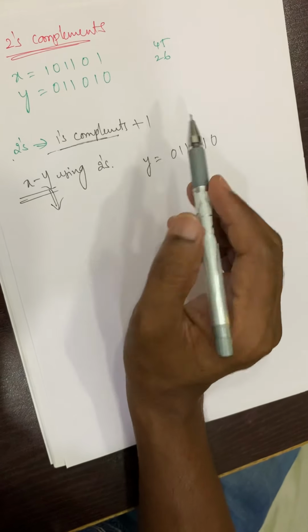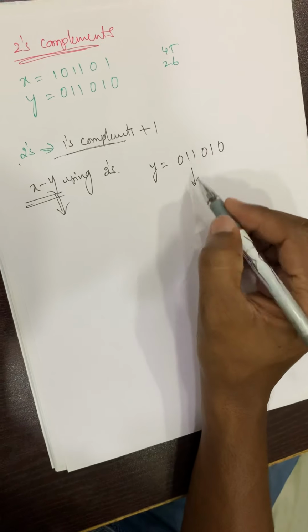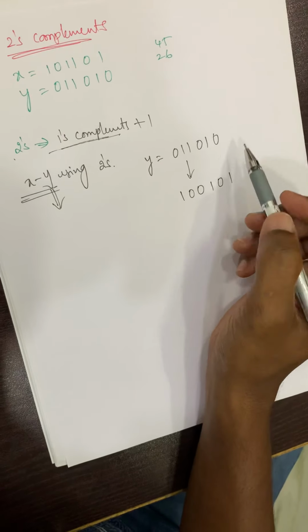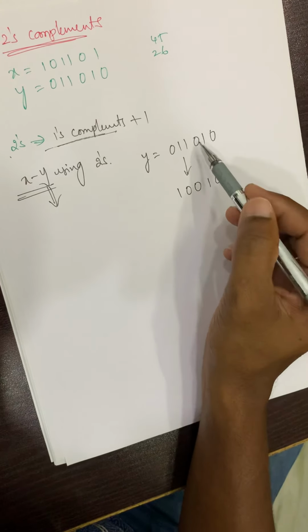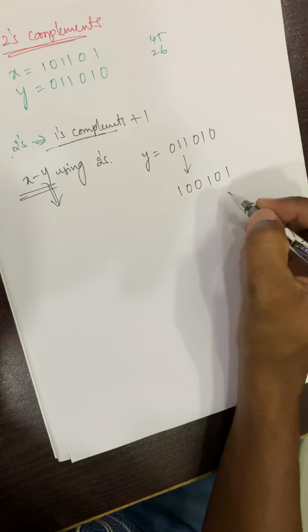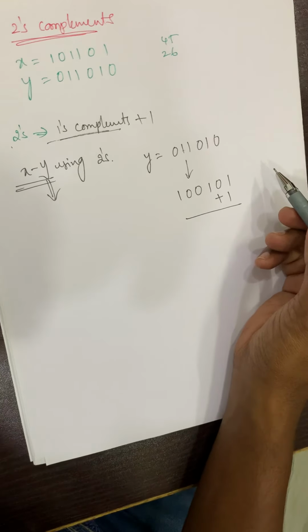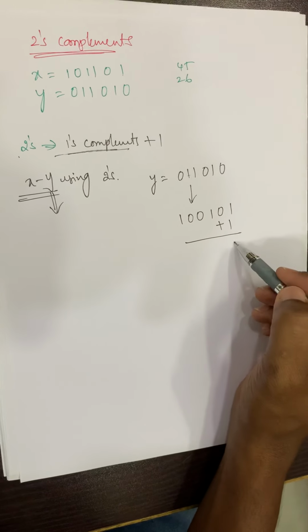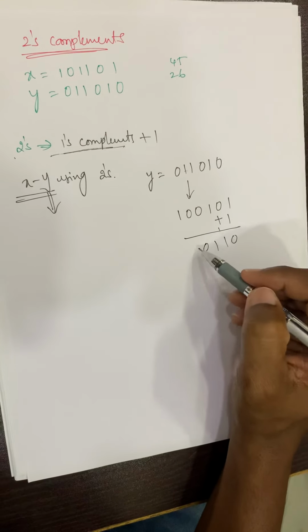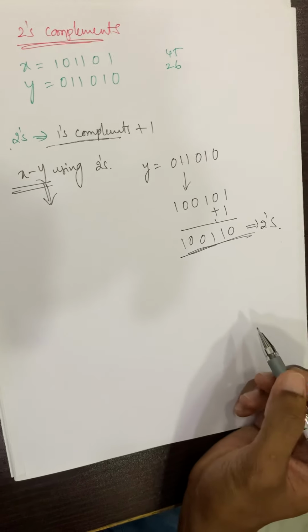First 1's complement, then add 1. The 1's complement is 1 0 0 1 0 1, where 1s and 0s are interchanged: 0 replaced by 1, 1 replaced by 0, and so on. And add 1 to the 1's complement number at the LSB position. So 1 plus 1 is 0, here 1, 0, 1, 1, 1, 0, 0, 1. So this is the 2's complement of y.